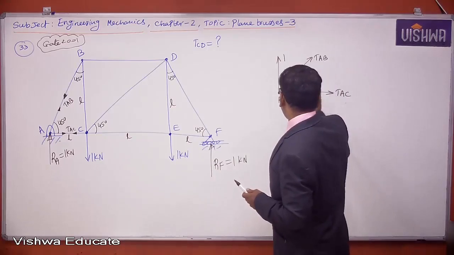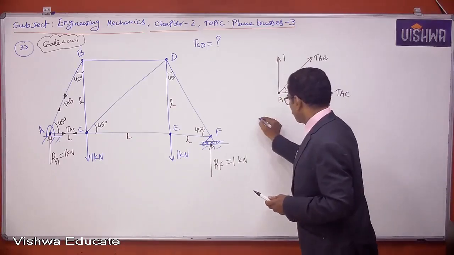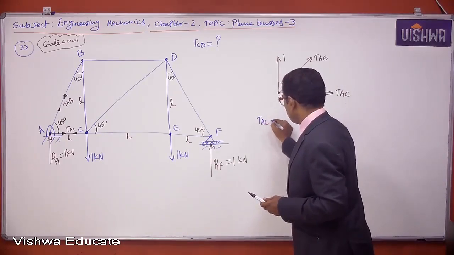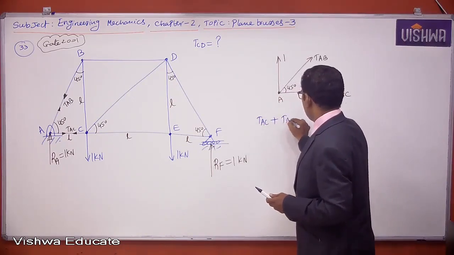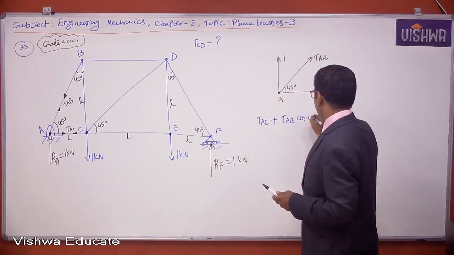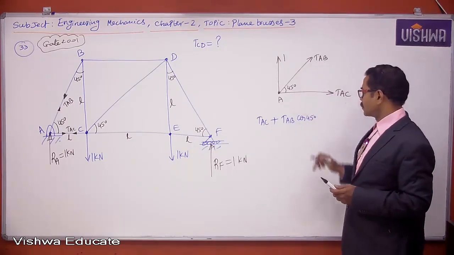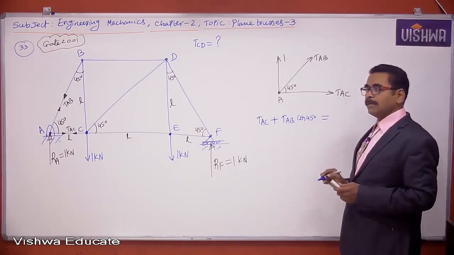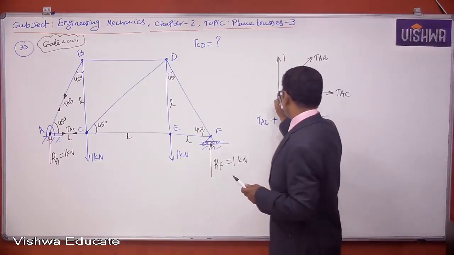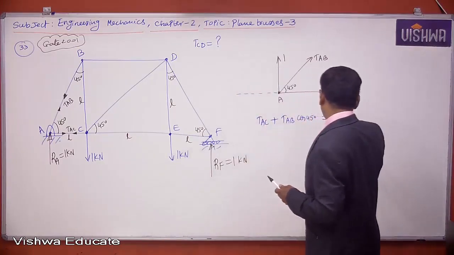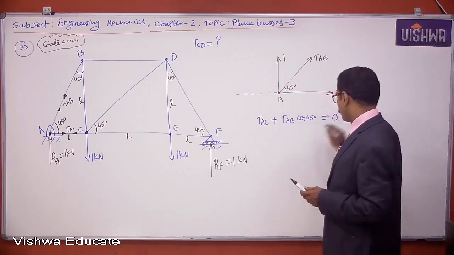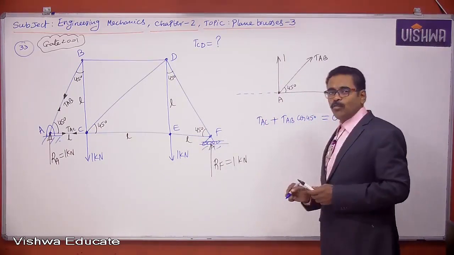The sum of rightward forces means TAC plus TAB cos 45, since the horizontal component of TAB is TAB cos 45. Towards the left, no force is acting, so I am putting 0. This is my equation number 1.